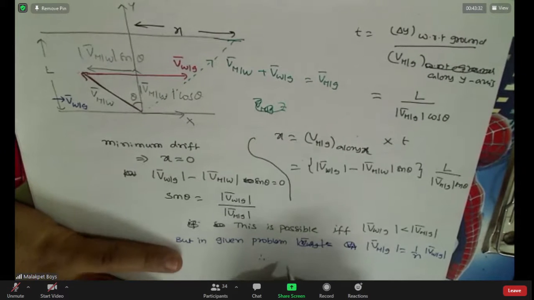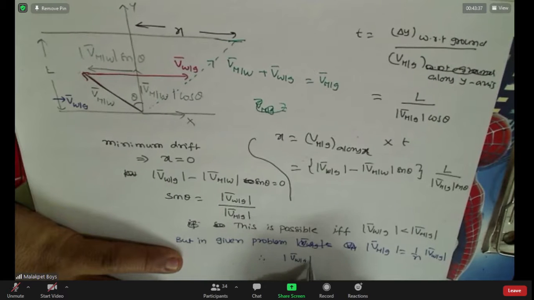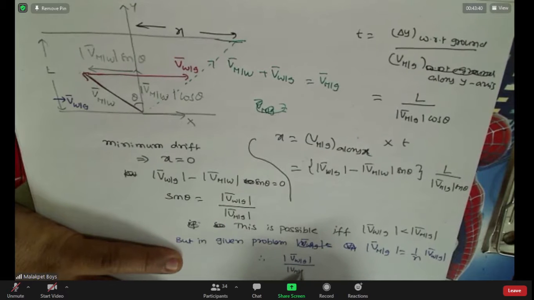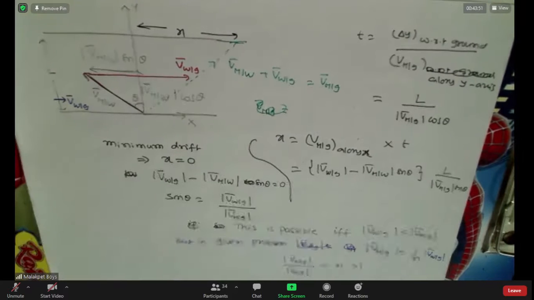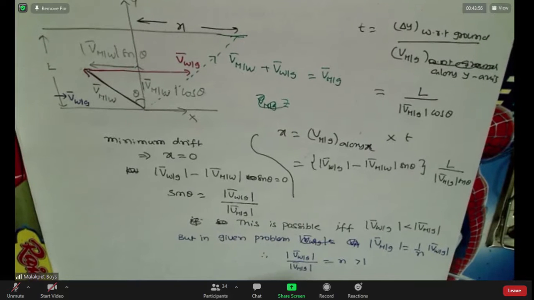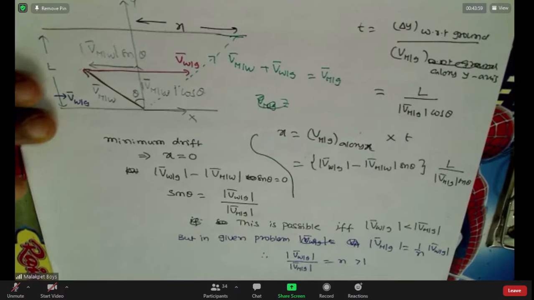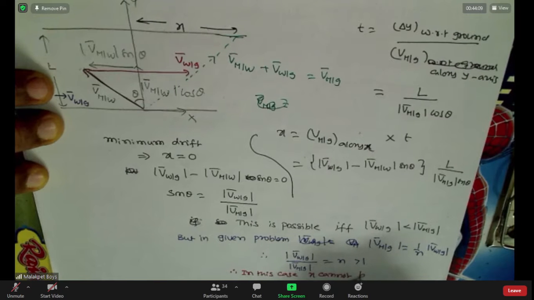Therefore, where n is an integer, okay. Understood this? So far followed? So from this we can conclude that in this case x cannot be 0. Do you agree with this or not?